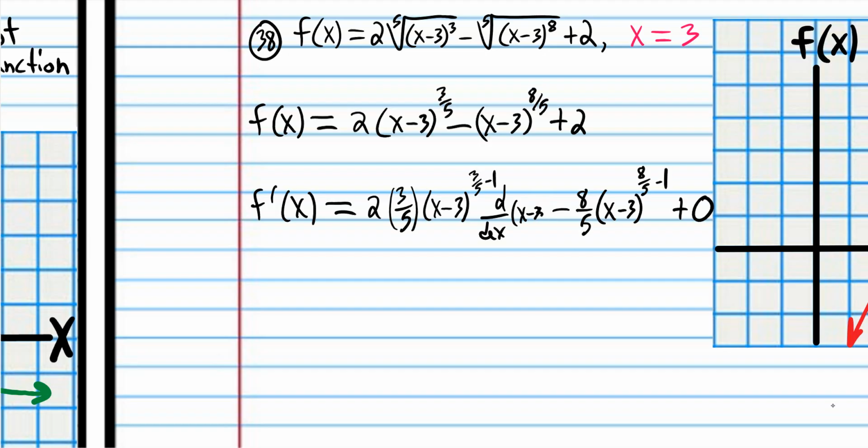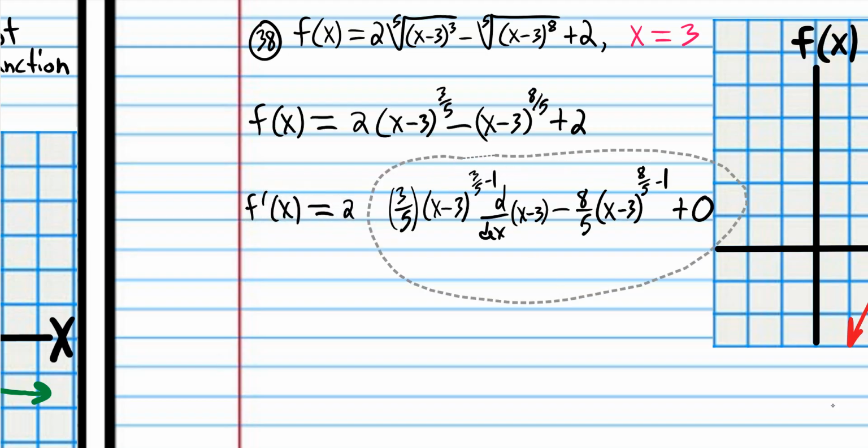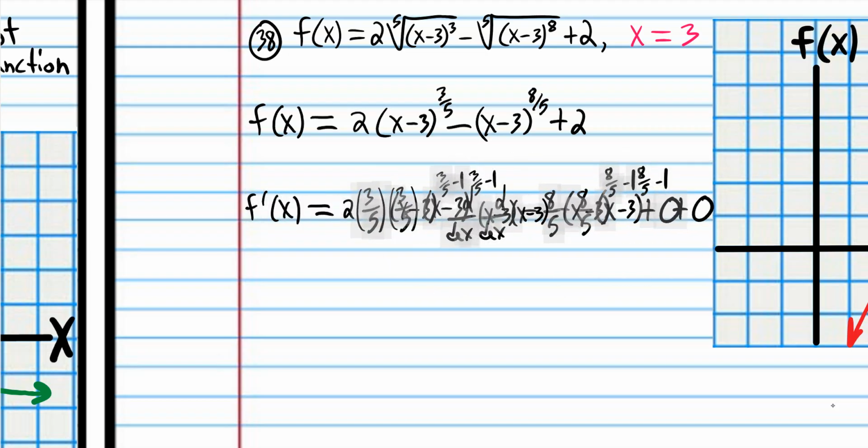But the derivative of x minus 3 is just 1, so we don't really need to write that. And let's see if we can make some more room here. We'd have to use the chain rule over here. So we have to multiply by the derivative of x minus 3.